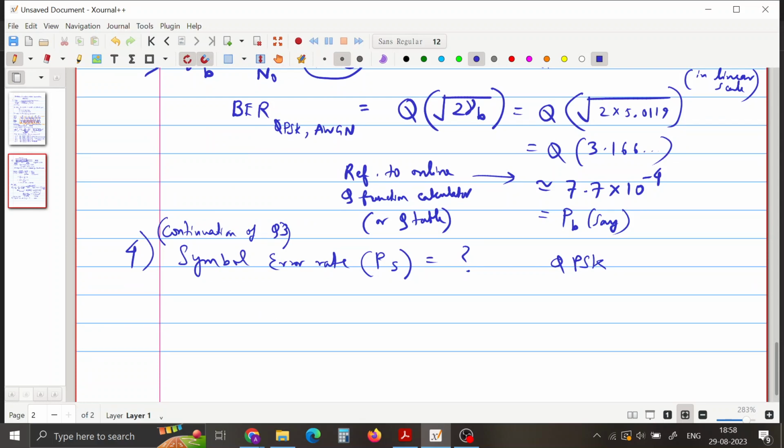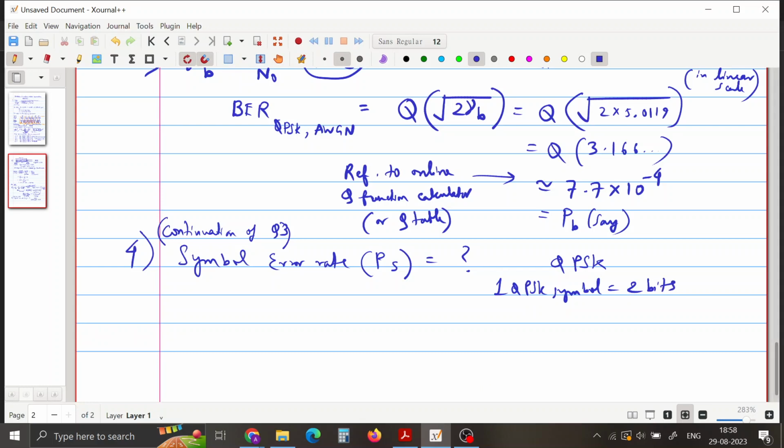Now, for the symbol error rate, how do I do it? If PB is the bit error rate, and I know that one QPSK symbol contains 2 bits, what is my symbol error rate?